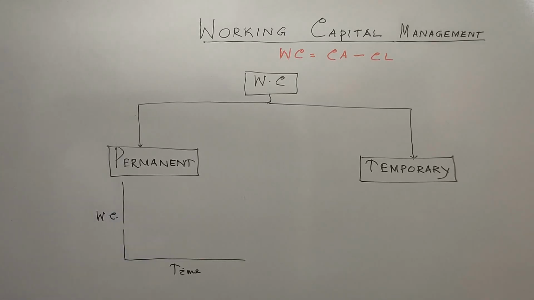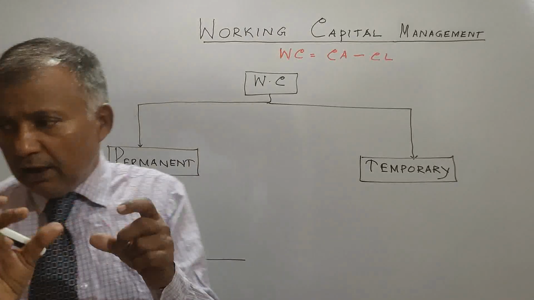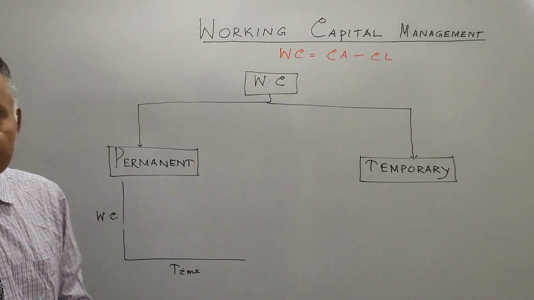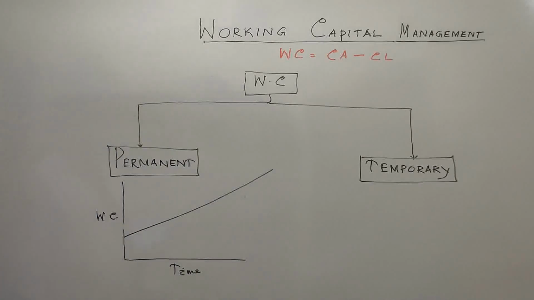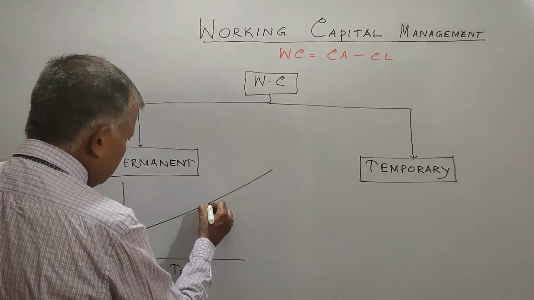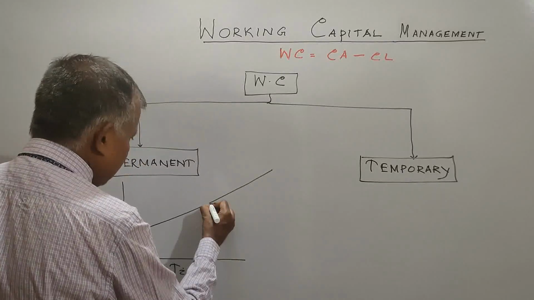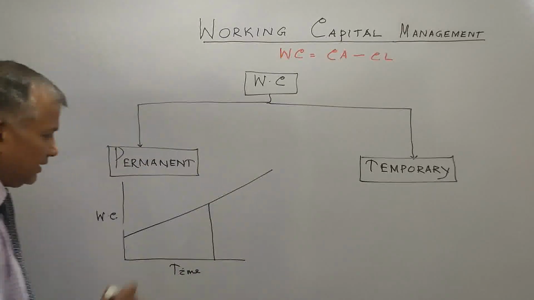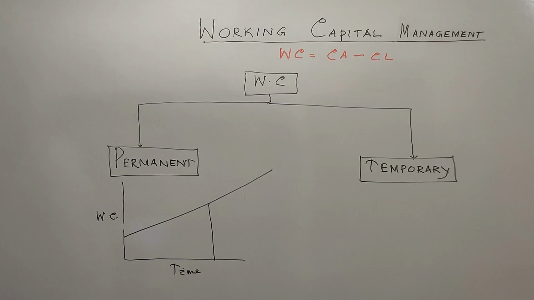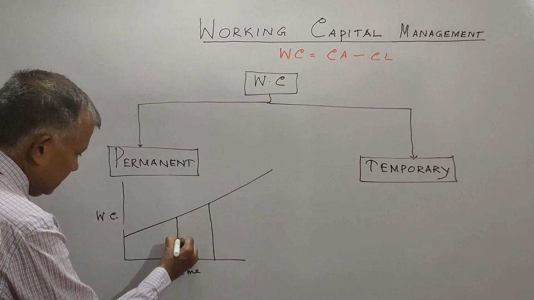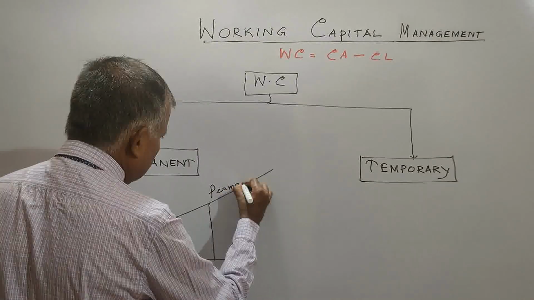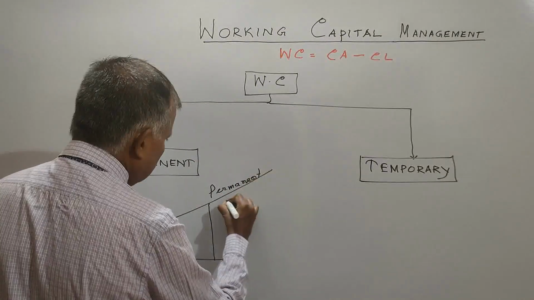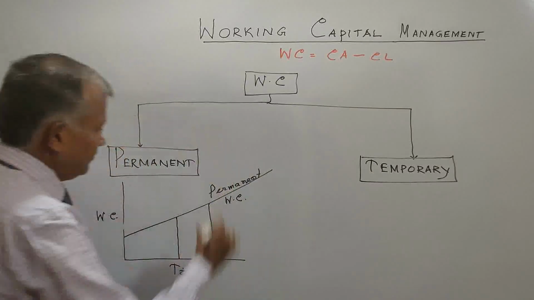We always need a certain amount of working capital, right? So the permanent working capital is of this. As time goes, the production increases, and the permanent working capital also increases. So this is the case of permanent working capital, right?